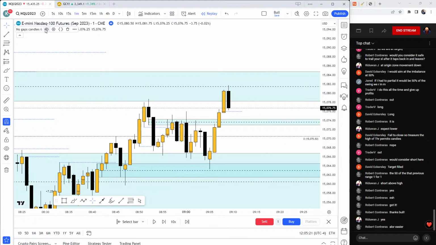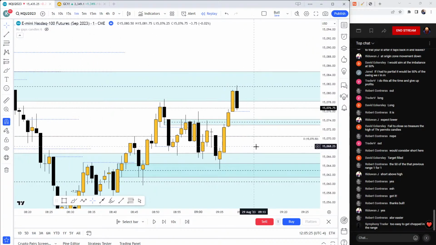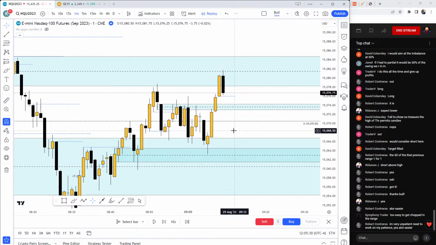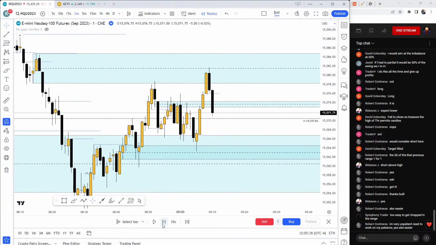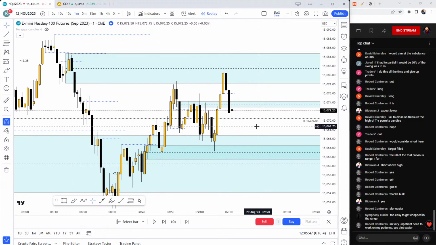And again, take this off. We are chopping around before 9:30, sorry. Okay, so back into the range, cool. Are we looking at this low here being taken or swept? Let's get rid of some of this.